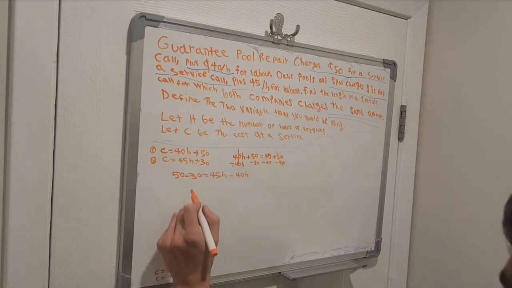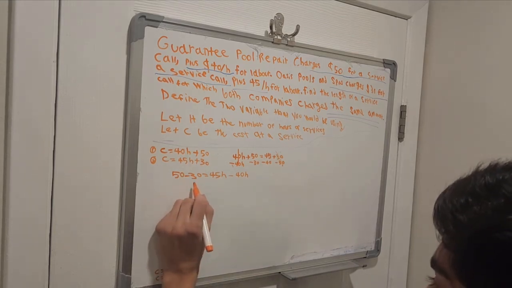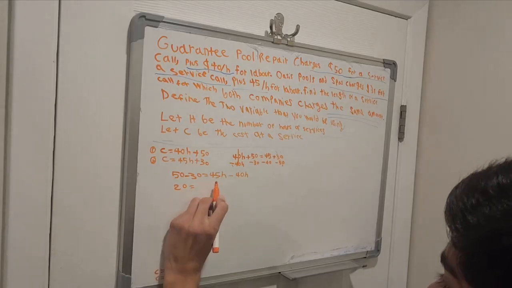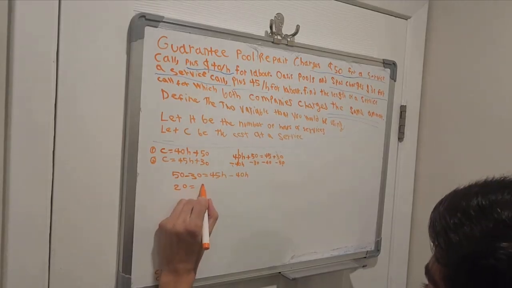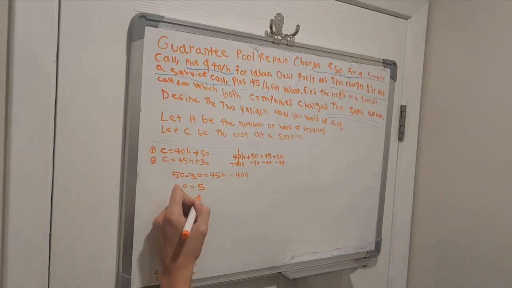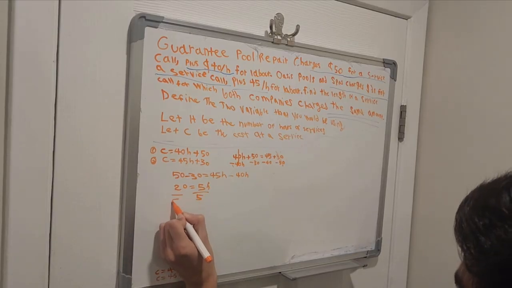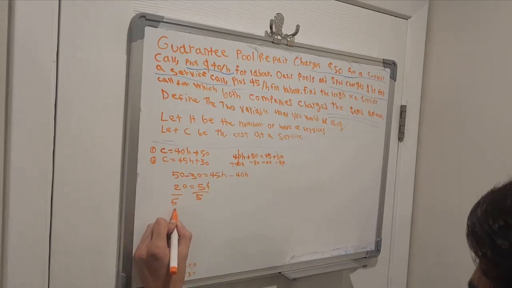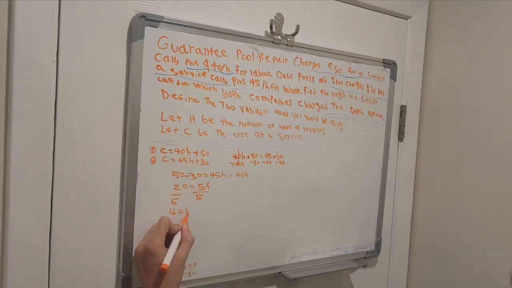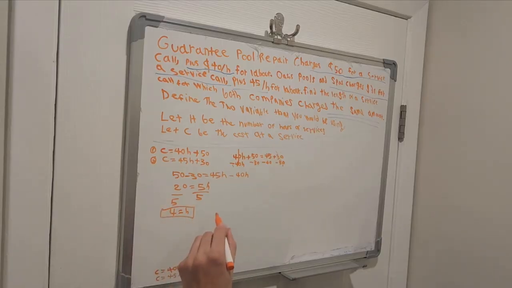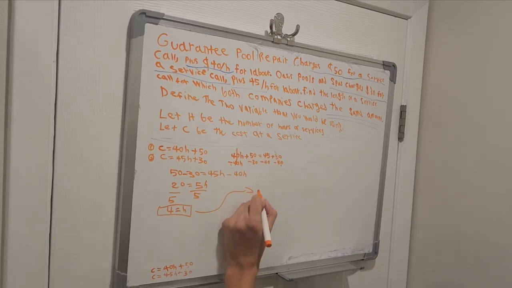So let's do it. 50 minus 30 is 20. And 45 minus 40 is 5. So if we divide by 5, we should get 4 equals h. Now we gotta move it right here and sub in.